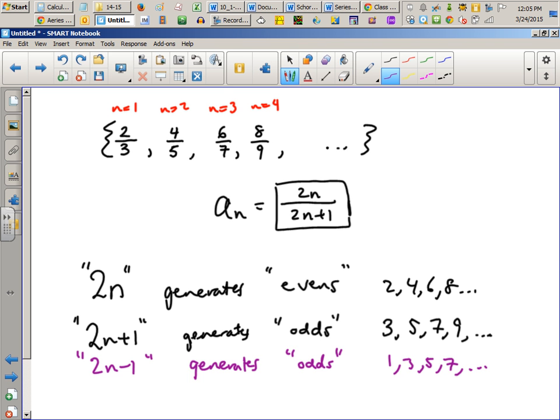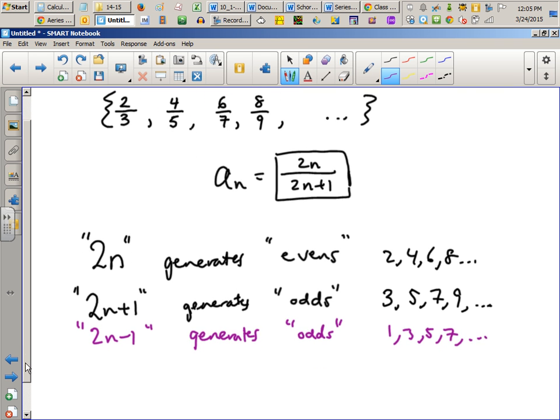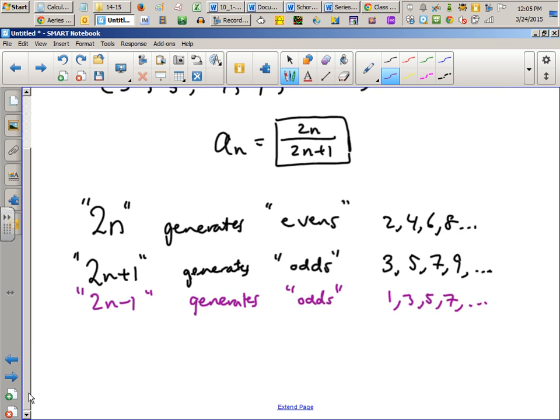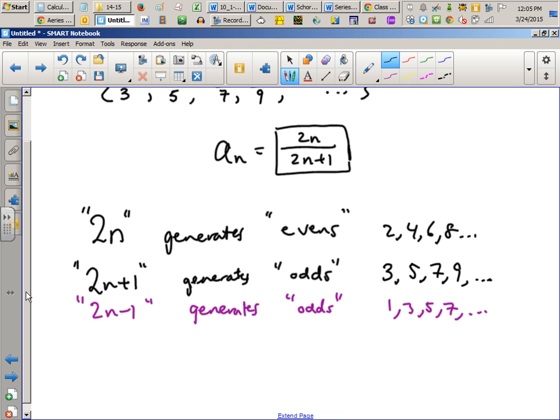Let's try another one. How about this pattern? Okay, I got it. 2 over 2. You might say, Mr. Sir, why don't you just reduce it? Because then it would be harder for you.